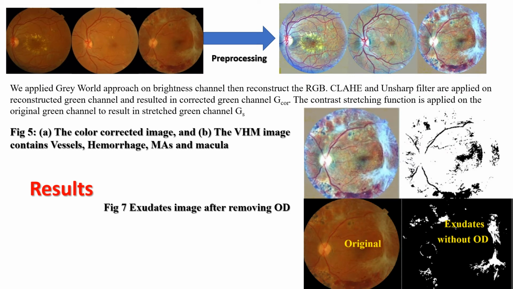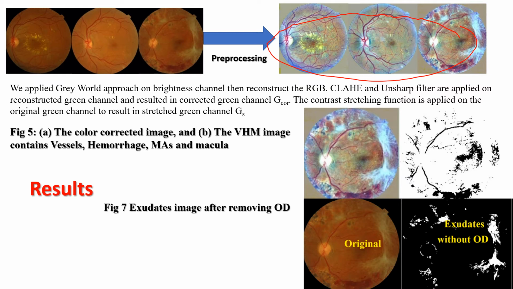This slide shows the results of using the proposed pre-processing method, using contrast limited adaptive histogram equalization and an unsharp filter, to produce images like this. I rebuilt the image in color to show the result clearly. Then, as shown on the previous slide, we applied some operations on the green channel.